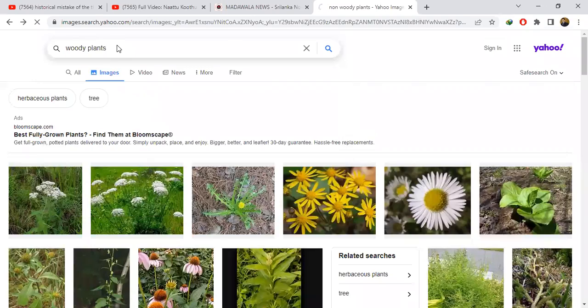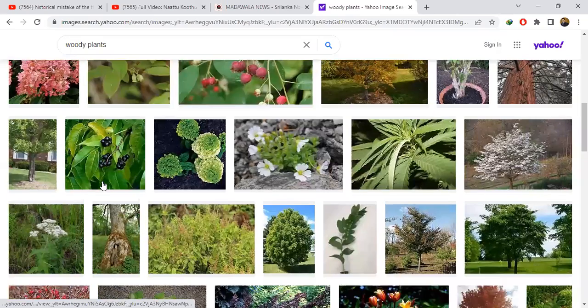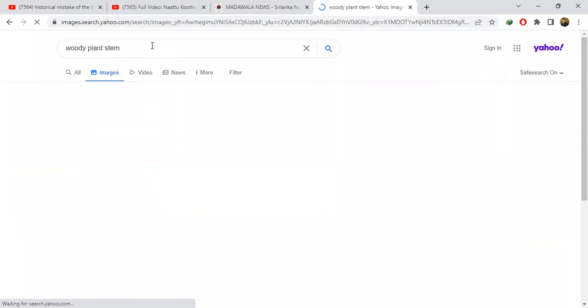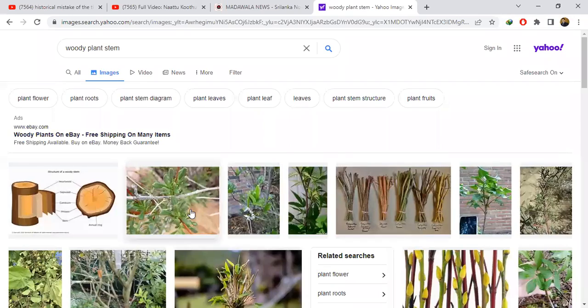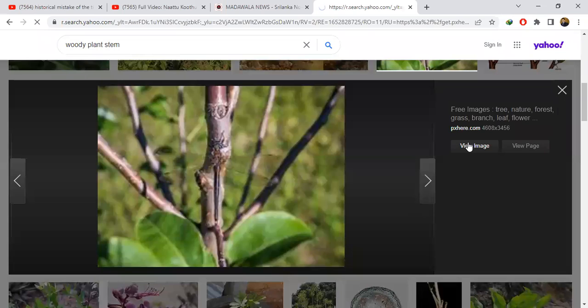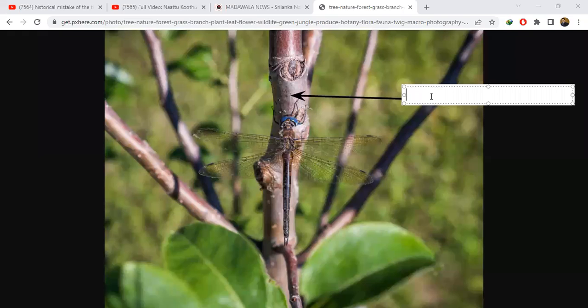The opposite is the woody plant. The woody plant stem will be a stronger stem like this. In this one, there is a material called wood. If you don't even water this plant, what kind of stem is this? Woody stem.